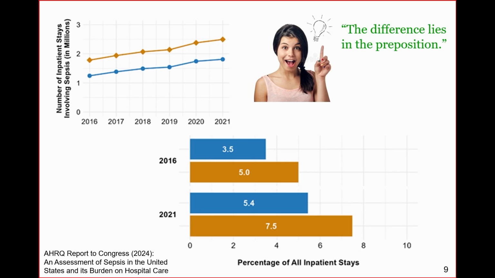One of these lines is hospitalizations for sepsis, and one of these lines is hospitalizations with sepsis. My challenge to you is to match the preposition with the color. Who wants to stick their neck out and tell me what the orange line is, with or for? Because the difference lies in the preposition.